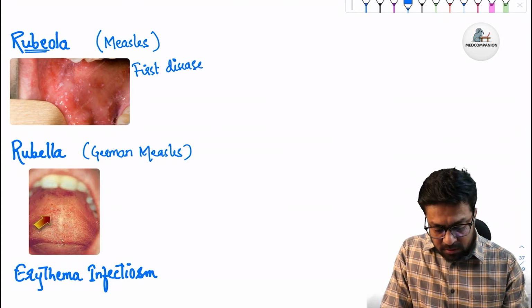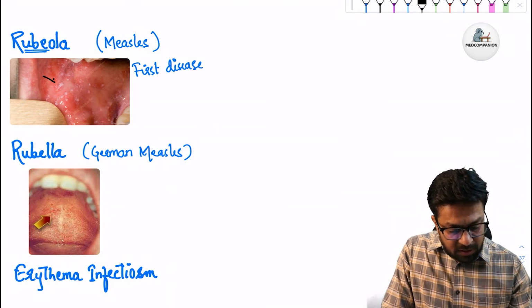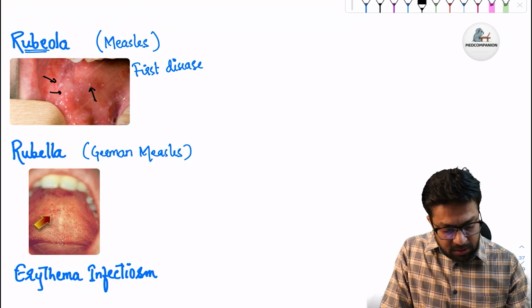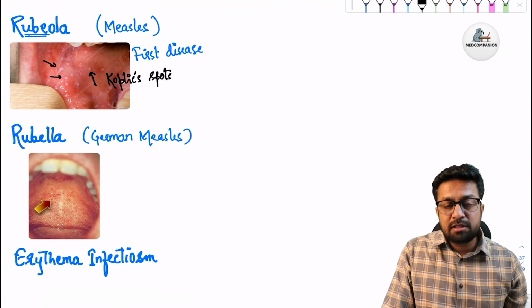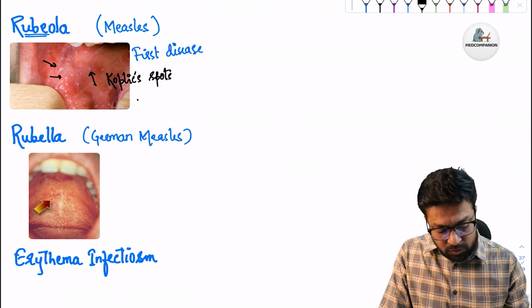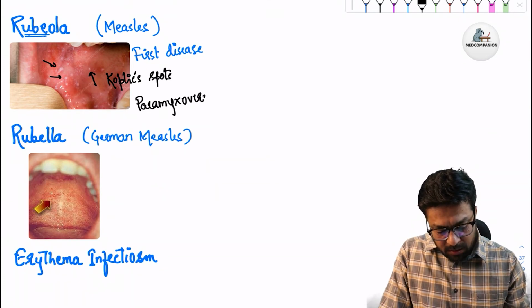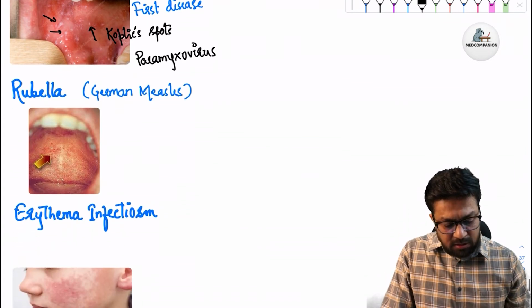You have very specific eruptions that occur on the buccal mucosa. They are called as the Koplik spots. What is the cause of measles or rubeola? It is paramyxovirus. Comes from the paramyxovirus family.